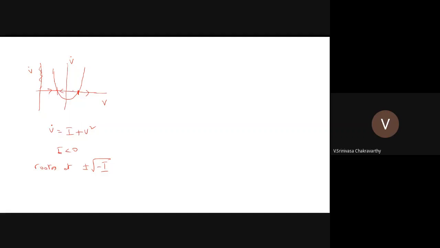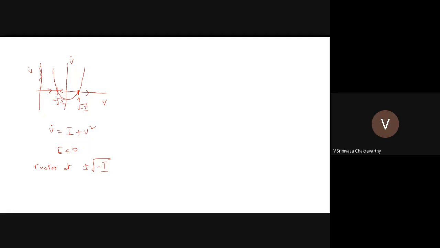Within this interval, V dot is negative, and outside this interval, V dot is positive. So if you are on this side, V dot is positive, so V increases. If you are in this interval, between minus root of minus I and plus root of minus I, V will decrease because V dot is negative.